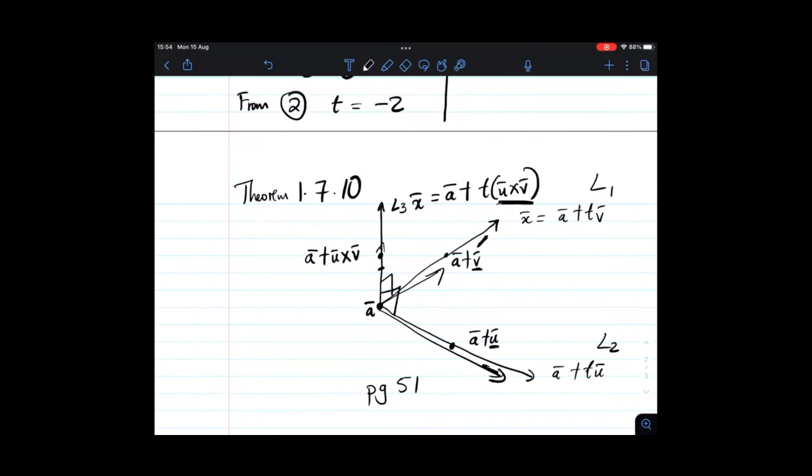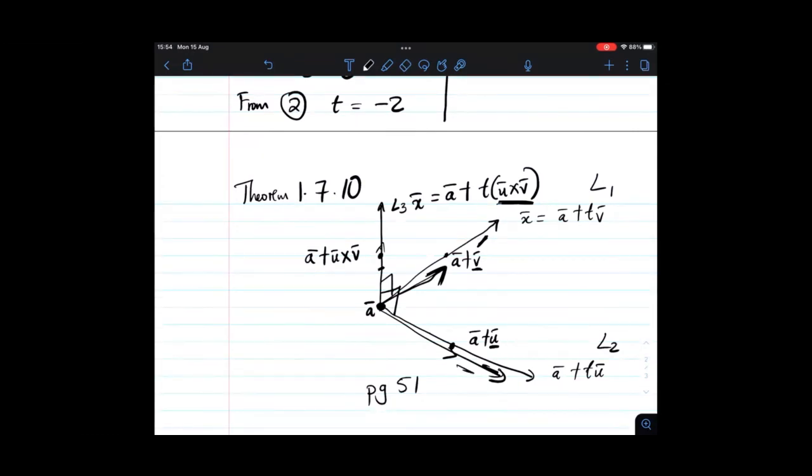So here I'm just talking of rays starting at A, right? We are talking of lines, but really we can just restrict ourselves to rays that are moving from A going in that direction, and then from A to that direction.